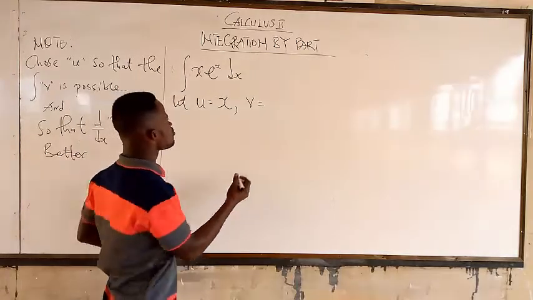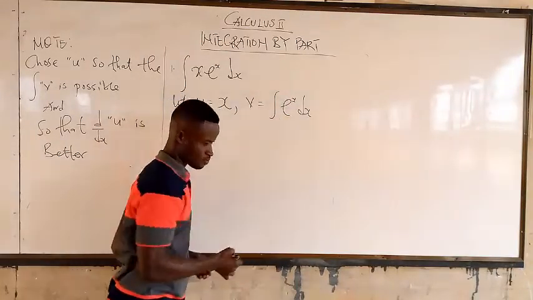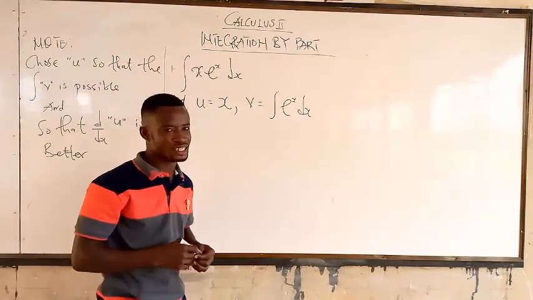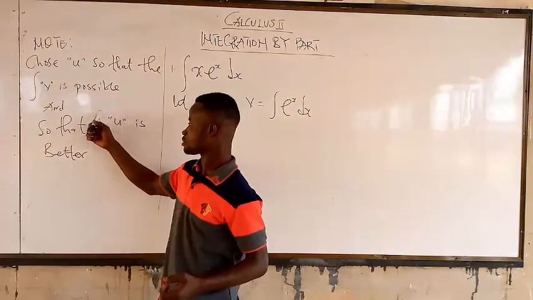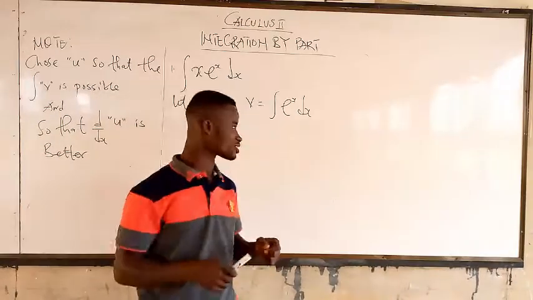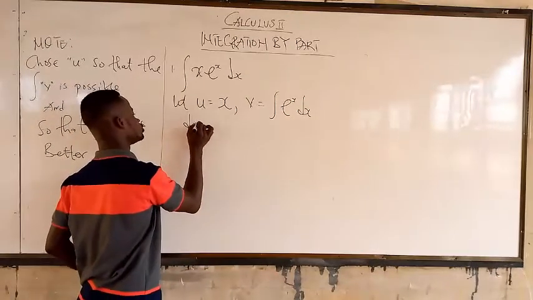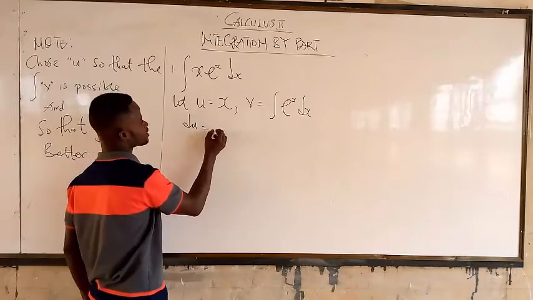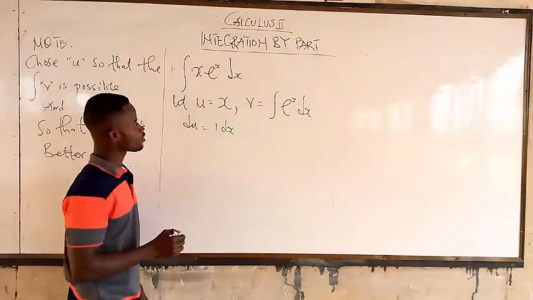So v will be the integral of e raised to the power x dx. Now let's see if integration is going to be possible and differentiation is going to be better. Very good. So when you differentiate, du, you get 1 dx. Very good.